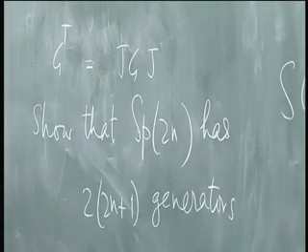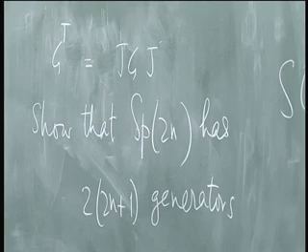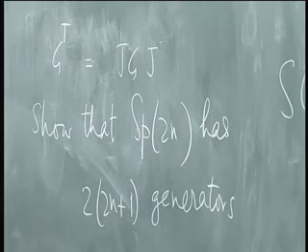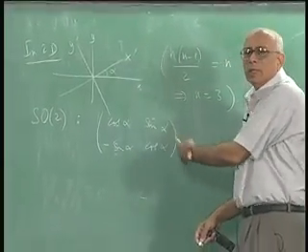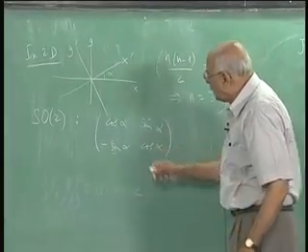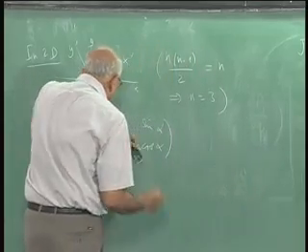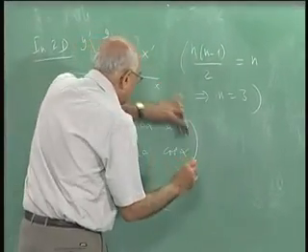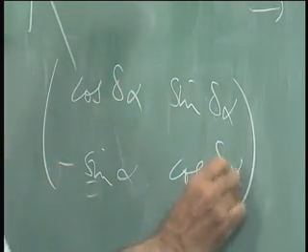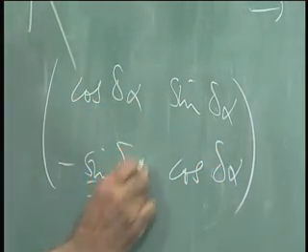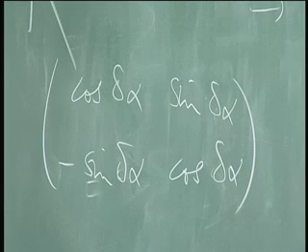It is much larger than the, yeah. What is the definition of a generator? Well, I haven't quite defined what a generator is, but the way I would like to look at it is, if I look at what happens here for an infinitesimal rotation, then let us replace cos alpha by 1 and sin alpha by delta alpha, and work to first order in delta alpha.